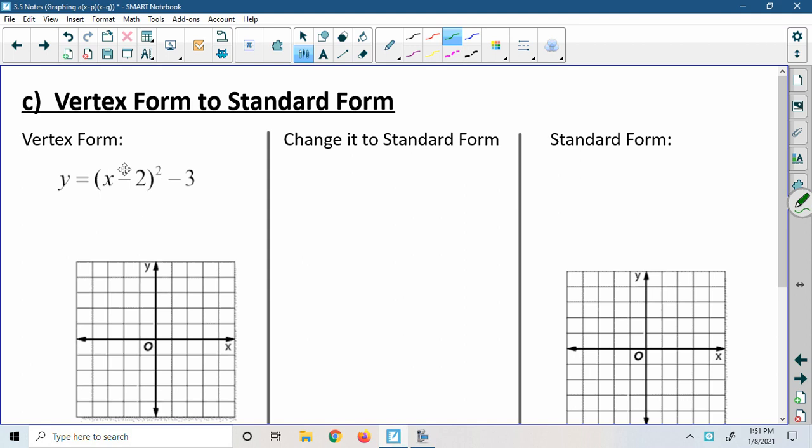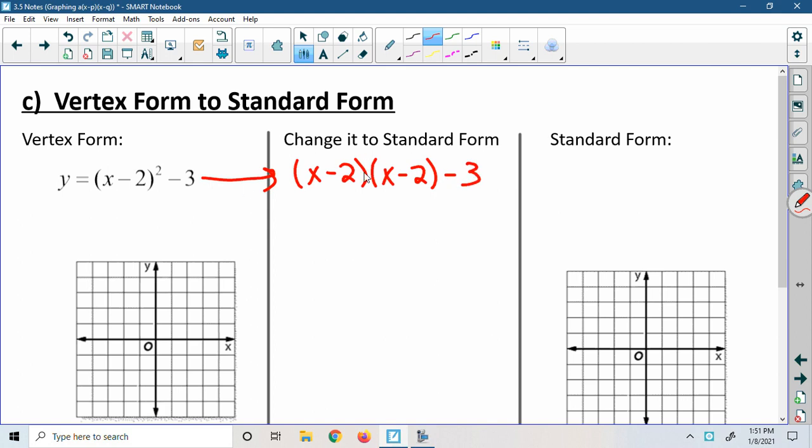Okay, next we want to go from vertex form, which was the first one we learned this chapter, and we want to change it to standard form. So if we want to go from vertex form to standard form, really it's going to be more foiling. Remember, x minus 2 squared really just means x minus 2 times x minus 2. Then you'll have this minus 3 sitting out at the end.